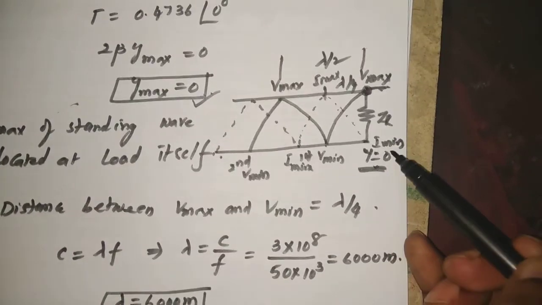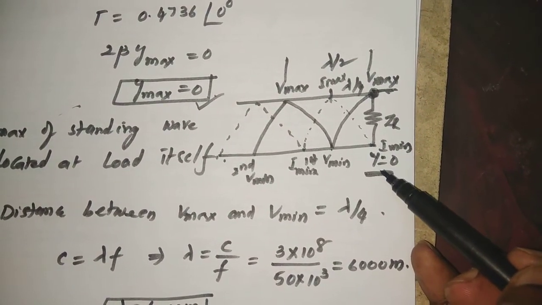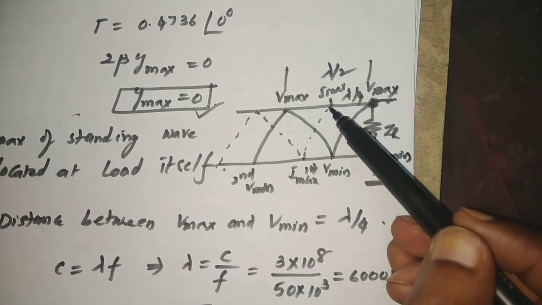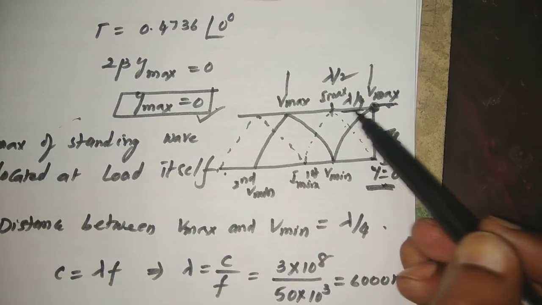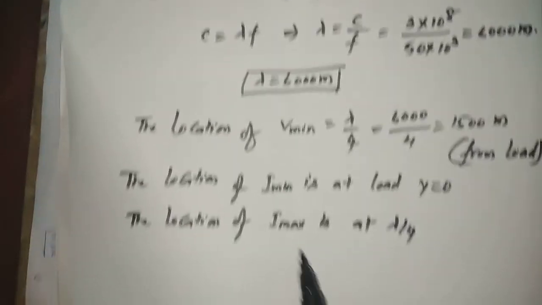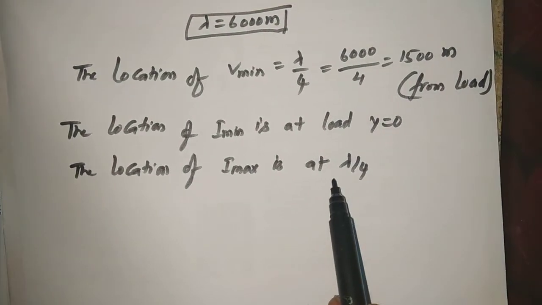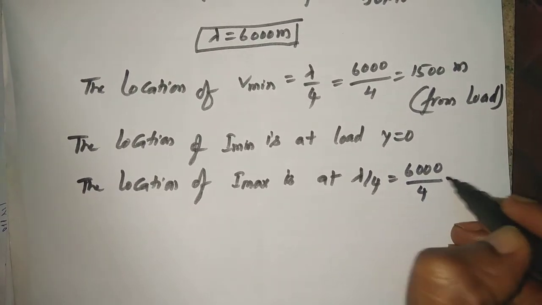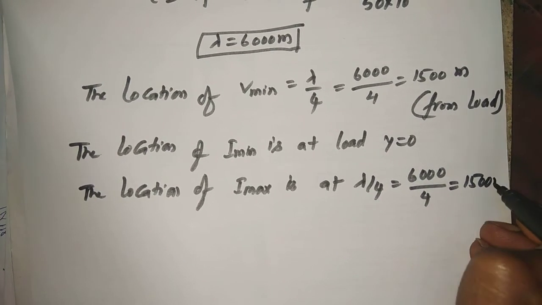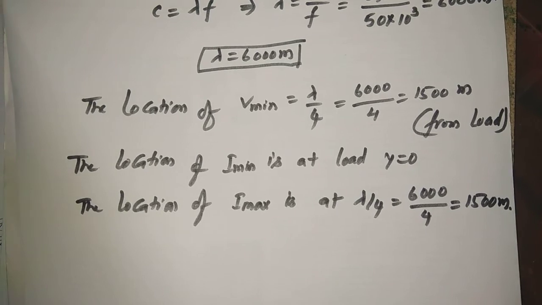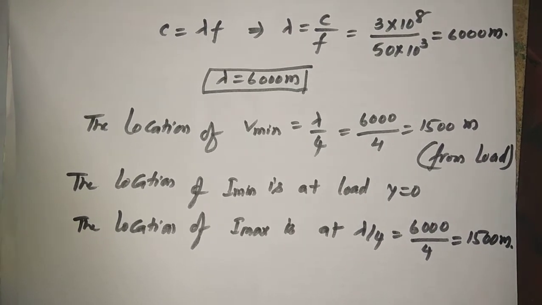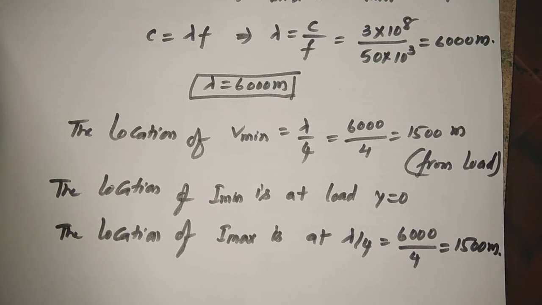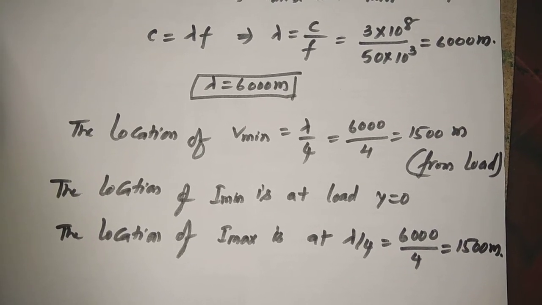See here, the first I minima is at y equals 0, and the distance between I minima and I maxima is lambda by 4 only. So the location of I maxima is at lambda by 4, which is 6000 by 4, equal to 1500 meters. So the calculation of finding the location of V max, V minima, I max and I minima is very important. We are calculating in this way.